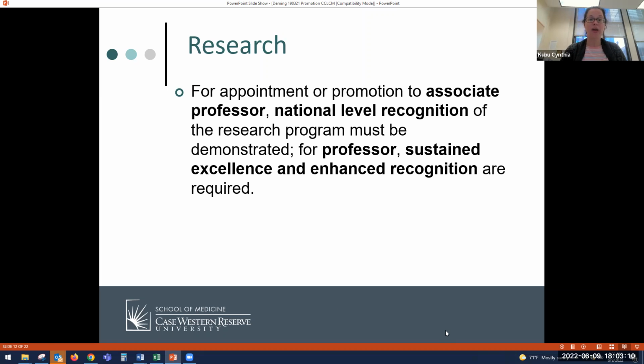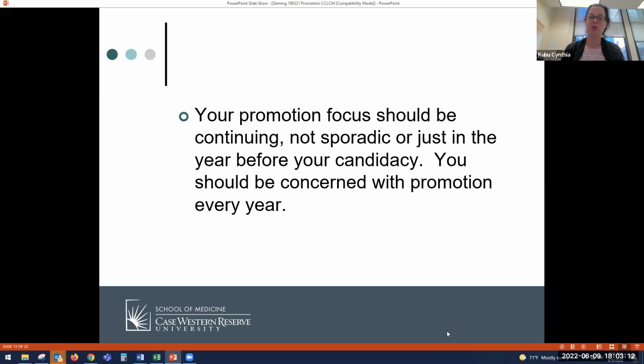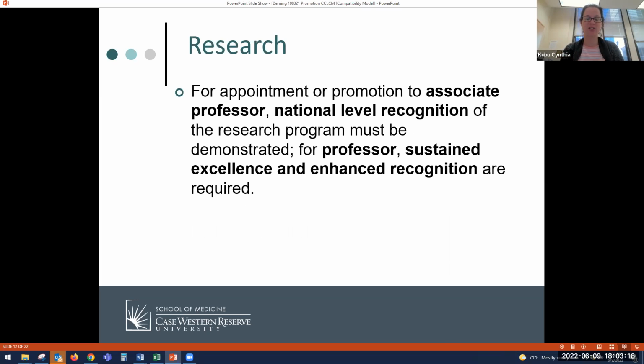Please. Okay, so, oh, I lied. For promotion to associate professor, just going back one slide, on the research, if you identify that as your area of excellence, you must provide evidence of national level recognition for associate professor. Again, there's no regional recognition for research. What we look towards really is already at a national level.